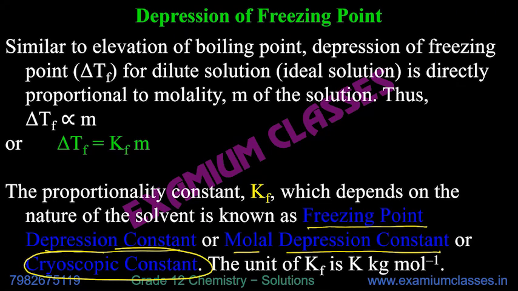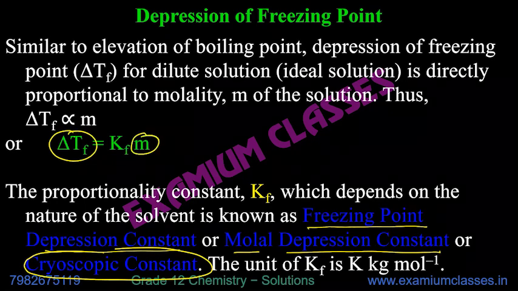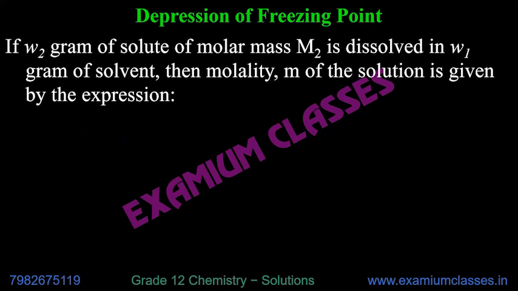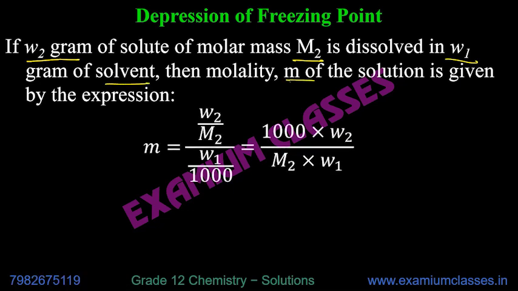The unit is again the same, Kelvin kg per mole, because Kf will be equal to delta Tf divided by molality. The unit is the same for both Kb and Kf. Similar to boiling point elevation, W2 grams of solute of molar mass M2 is dissolved in W1 grams of solvent, then molality m will be given by number of moles of solute divided by mass of solvent in kg.